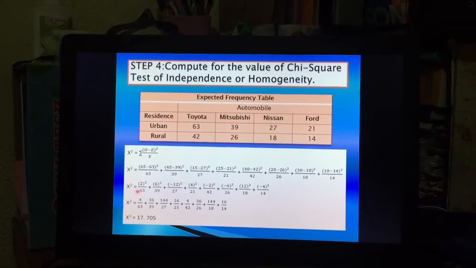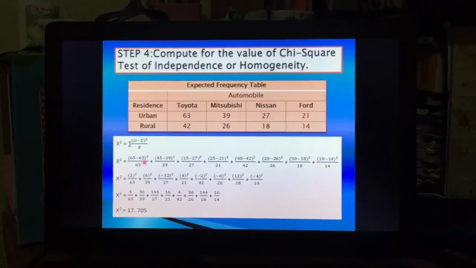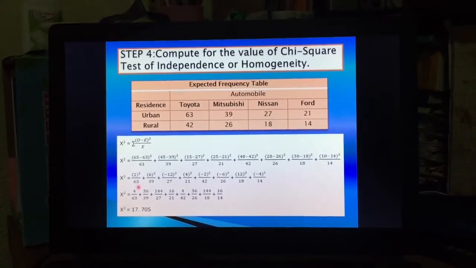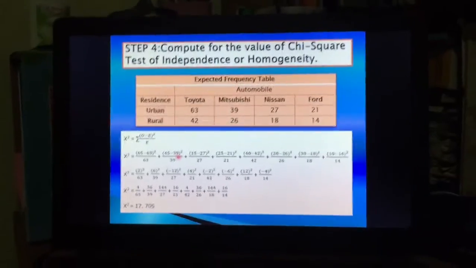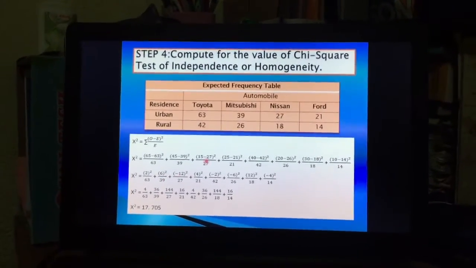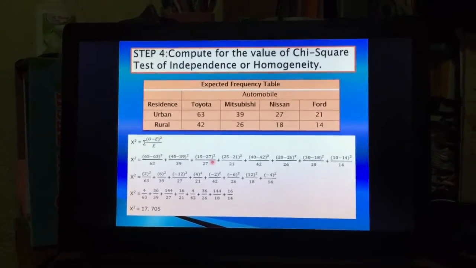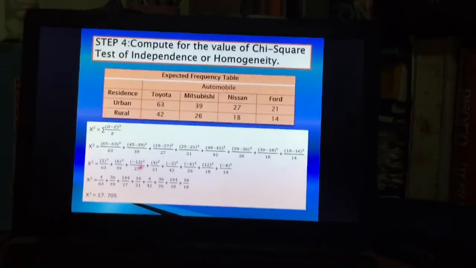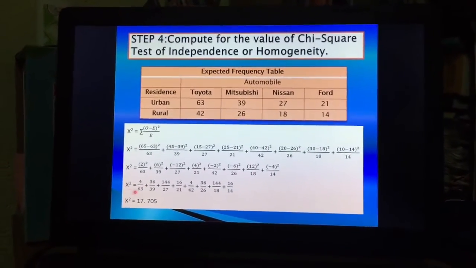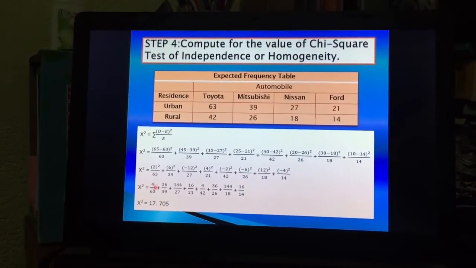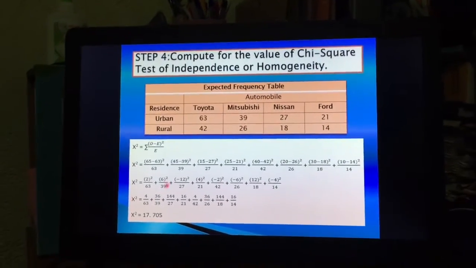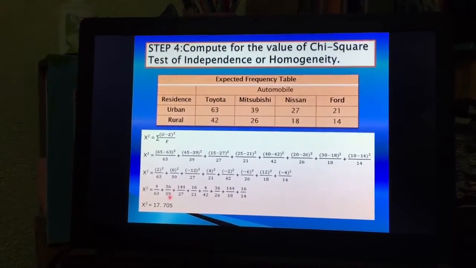Next, chi-square is equal to 65 minus 63 is equal to 2 squared all over 63. 45 minus 39 is equal to 6 squared all over 39. 15 minus 27 is equal to negative 12 squared all over 27, and so on. Next, 2 squared is 4 over 63 plus 6 squared is 36 over 39.